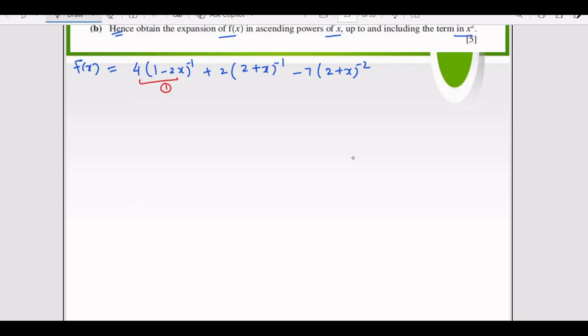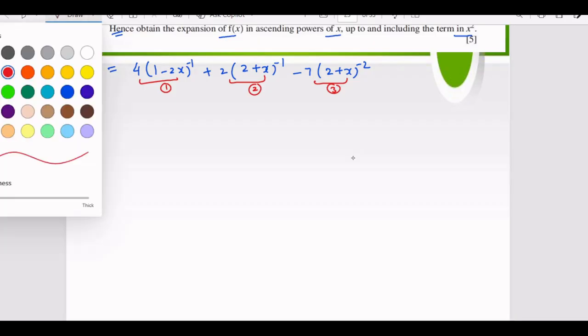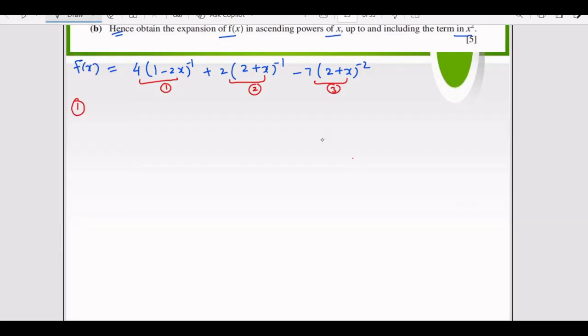Let's say this is our first term, this is the second term, and this is the third term. We will solve them separately and then add them together. So the first one that we have here is 4 into (1 minus 2x) to the power minus 1.